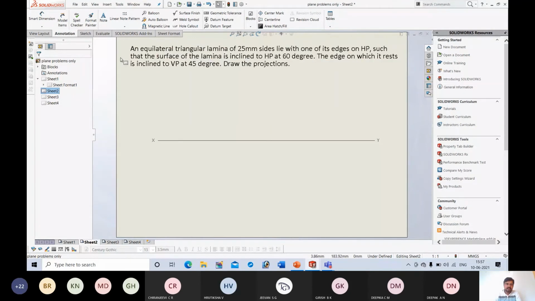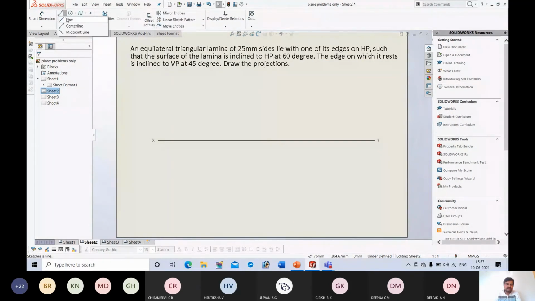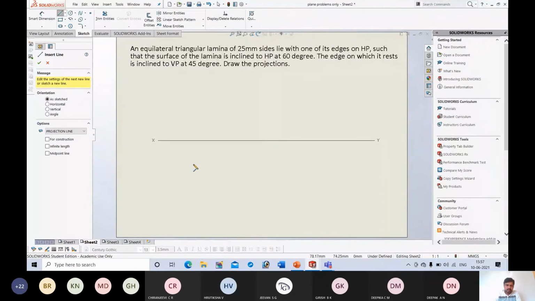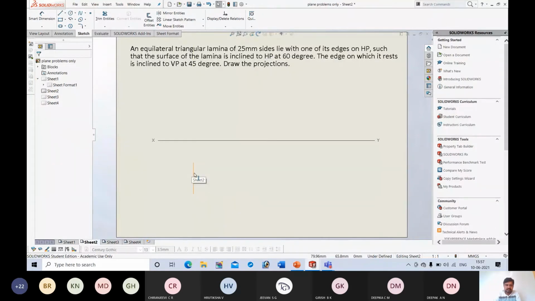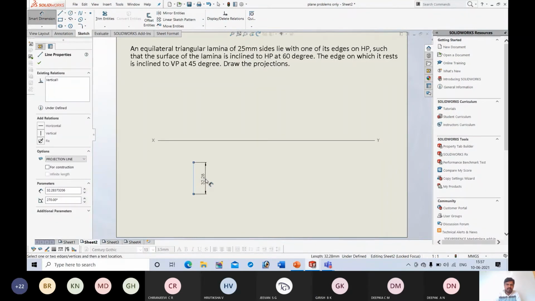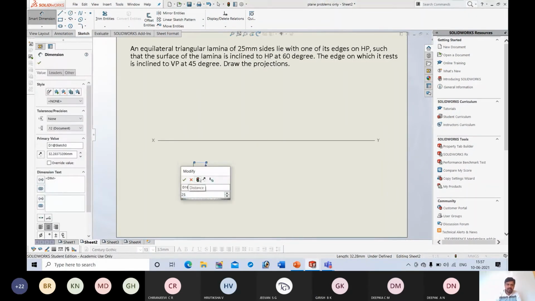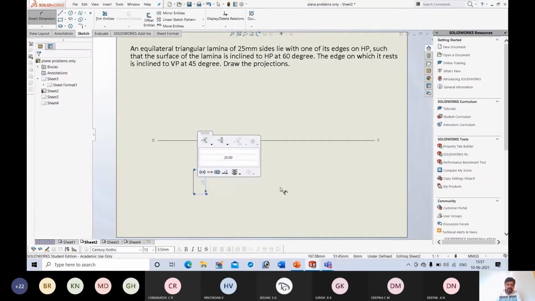First I will draw a vertical line, with the resting edge towards the right side. I know the length of the edge is 25. Draw a vertical line below XY having length 25. Then, since it is an equilateral triangle, use your compass.